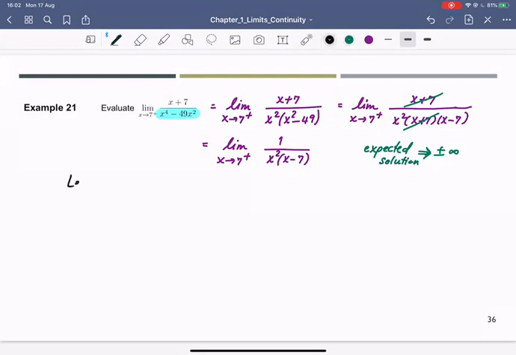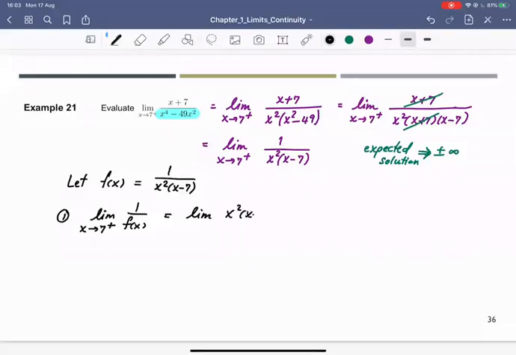I'm going to let f(x) be 1 over x squared times (x minus 7). For condition number 1, I consider the limit of 1 over f(x) where x goes to 7 from the right. This is the limit of x squared times (x minus 7), and this is completely 0 for sure. Good.